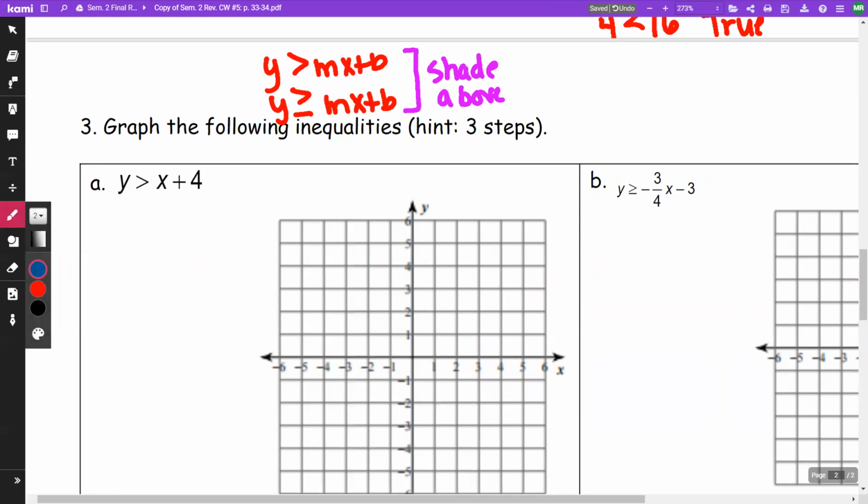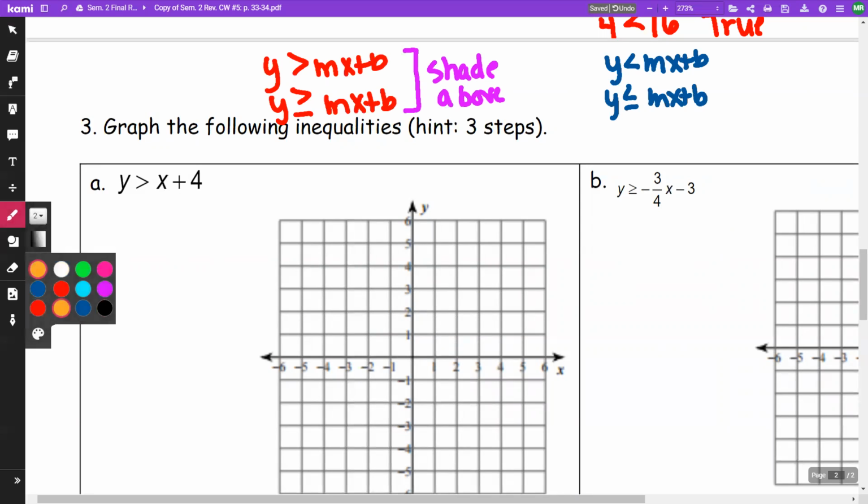If our y is less than mx plus b, or less than or equal to mx plus b, we're going to shade below.